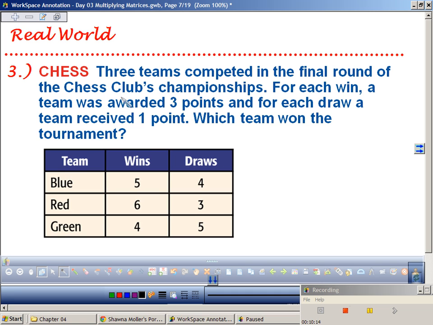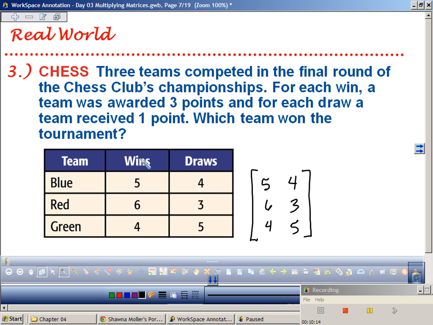Okay, guys. So 3 teams competed in the final round of the Chess Club's championship. For each win, a team was awarded 3 points, and for each draw, a team received 1 point. Which team won the tournament? All right. So here's your wins and your draws and your teams. So this kind of shows you how you can take real-life matrices and put it into application with something that you can just figure out in your head, but we're going to do it with matrices.